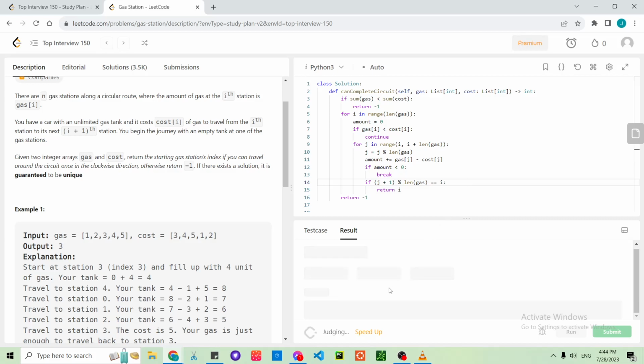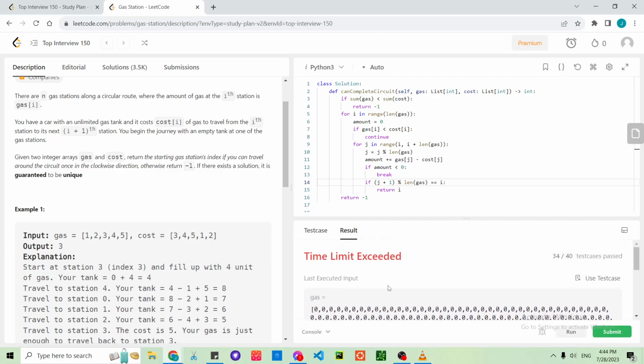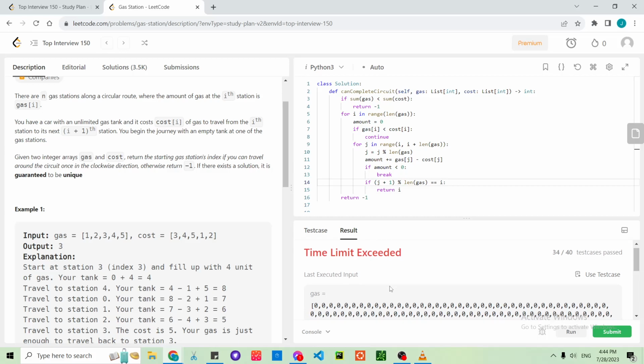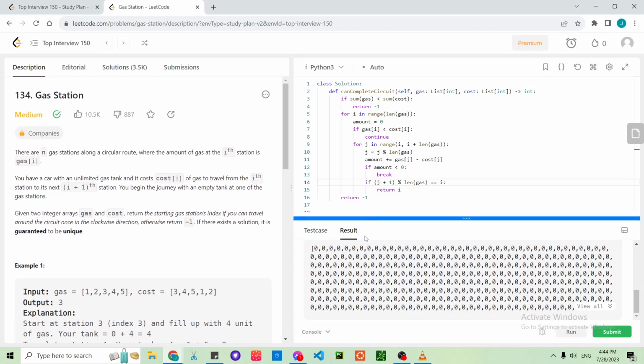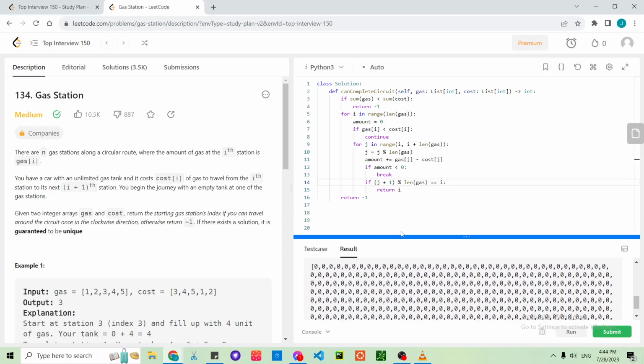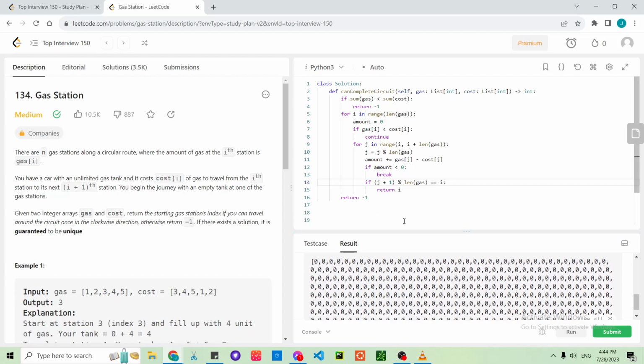Now it's running very slow. Oh no. Oh, time limit exceeded. There we go. This solution is not efficient enough. Oh, bummer. Well, it is the brute force solution, so I guess that's expected.